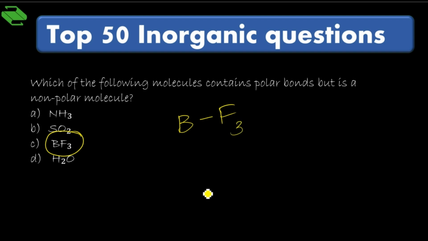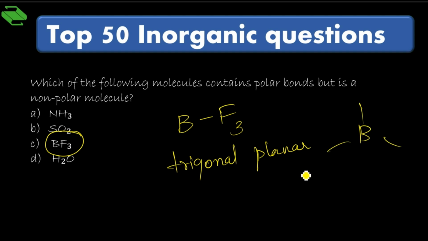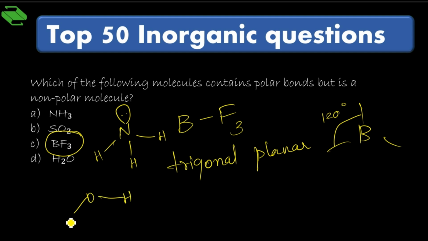What kind of structure is it forming? It is forming trigonal planar, right? Like this, and this has a 120-degree bond angle, which is pretty big when comparing with others. Ammonia, you see, is forming like this with a lone pair, and H2O also has a bent structure, that is around 107 degrees, and SO2 also has a lone pair in it, right?